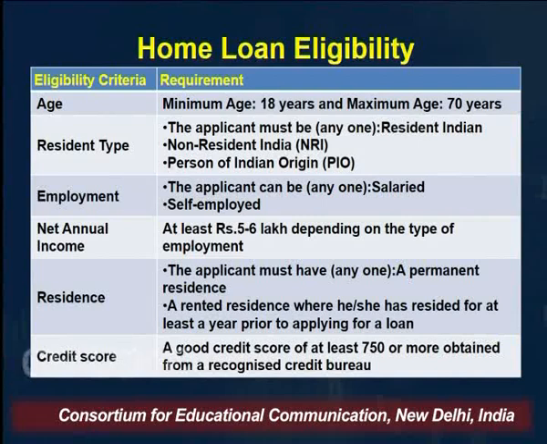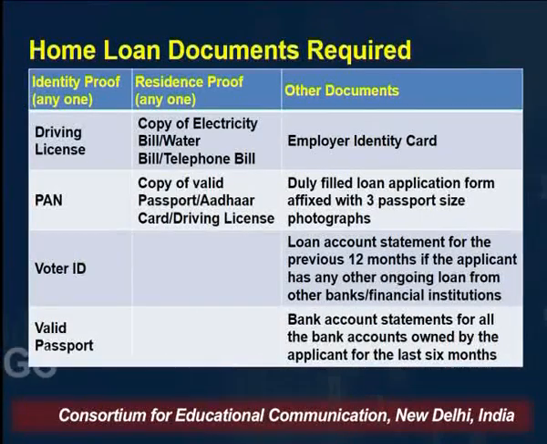And of course, the credit score. A good credit score of at least 750 or more obtained from a recognized credit bureau is also an essential condition. So age, resident type, employment, net annual income, residence and credit score are all taken into one frame before finalizing the home loan eligibility.